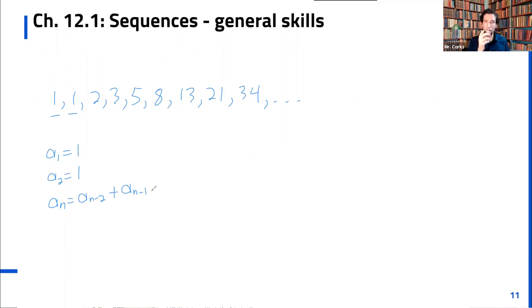So basically each term is the sum of the previous 2. But for the first 2, we have to spell out exactly what they are. So 1 plus 1 gives us 2, 1 plus 2 gives us 3, 2 plus 3 is 5, 3 plus 5 is 8, 5 plus 8 is 13, etc.